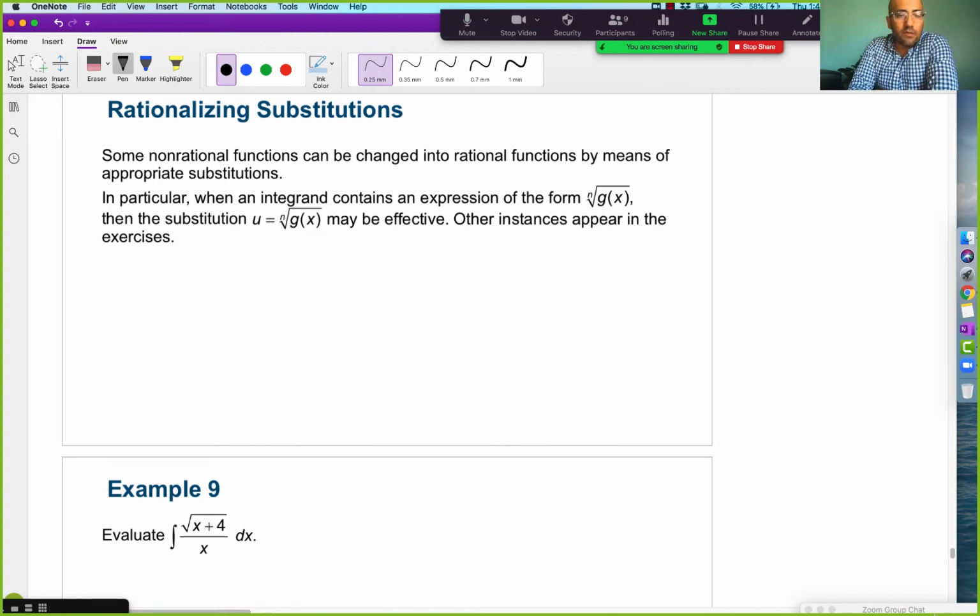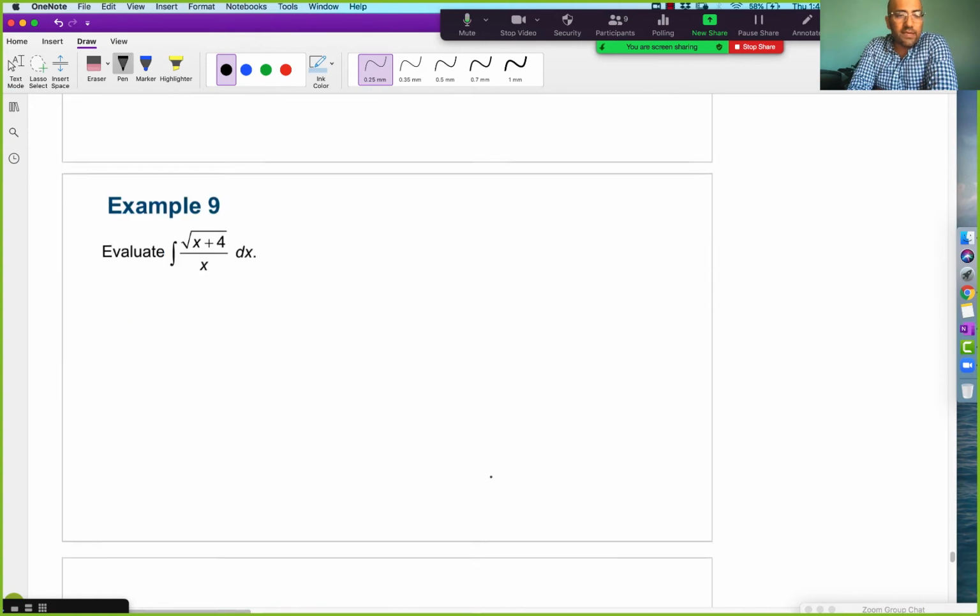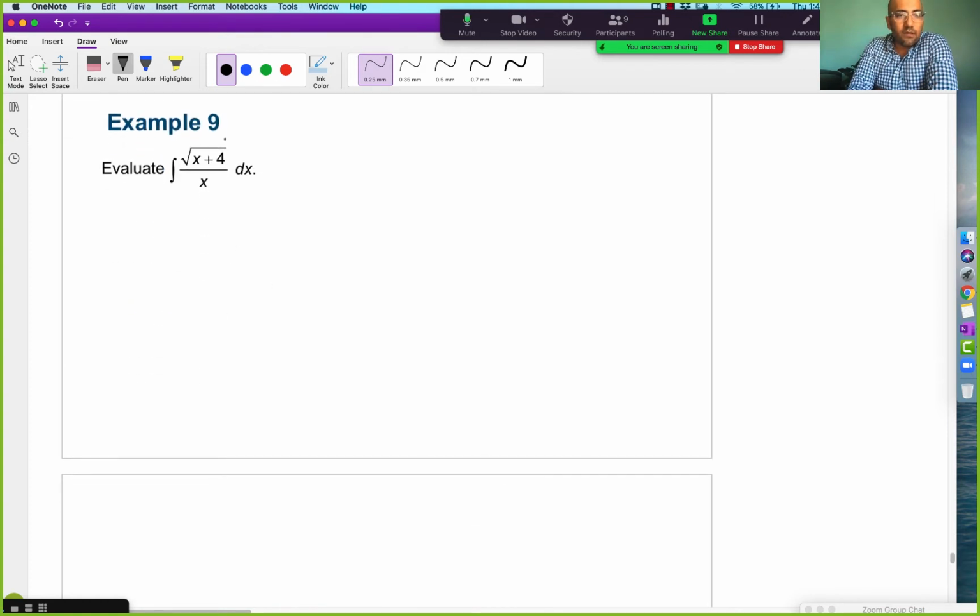As per their hint here, if we wanted to integrate this, their hint is that maybe we should do a substitution where we let u equal this numerator and see if we can figure out a way to integrate that. So based on their hint, let u equal the square root of x plus 4.